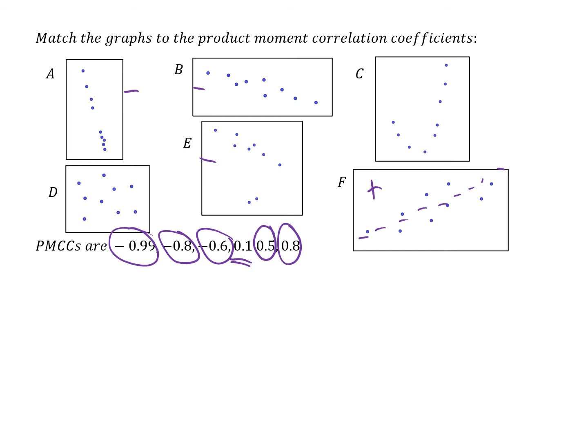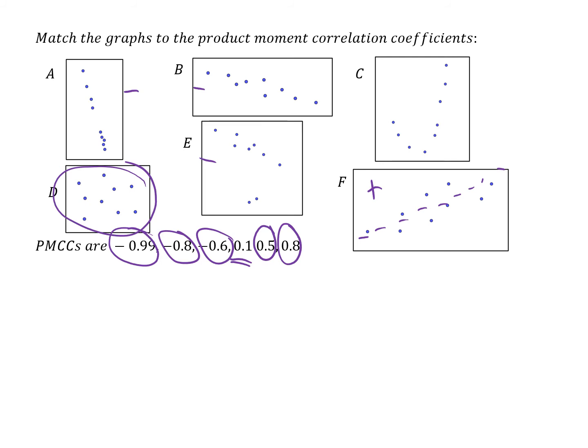What about C though? Is C close to zero, or is it more positive than that? If you look at graph D, that looks pretty close to zero to me. There doesn't seem to be any correlation. If I didn't have any numbers, I wouldn't necessarily be able to say whether they were positively or negatively correlated. But what about C?